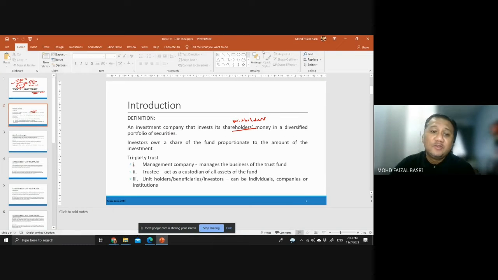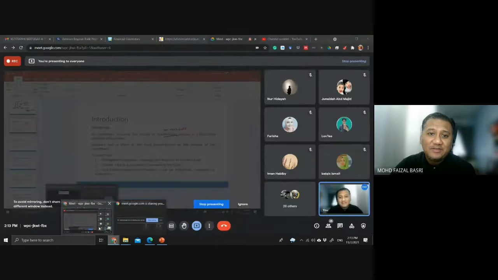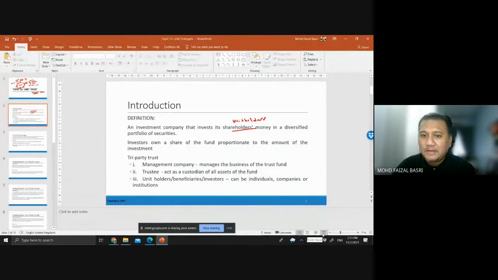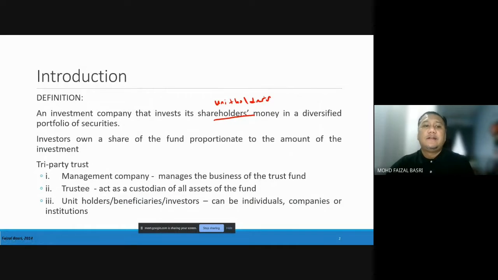Okay, so you have to bear je lah, have to go back and forth ni. Right, and dia akan invest, as I said, in a portfolio of securities, in shares, in bond, properties and whatnot. Okay, dia akan pecahkan lah the funds.